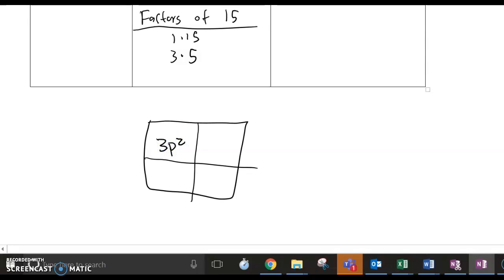So next, I want to take out common factors. So I think what times what is 3p squared? Well, that's 3p and p. Right? Because if I go back inside, I have p times 3p is 3p squared. We see that it works out.